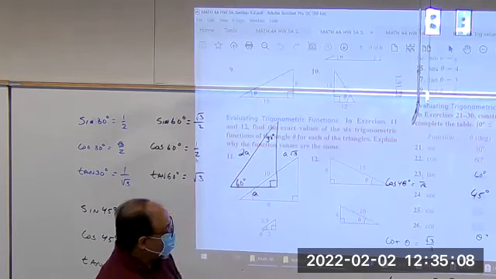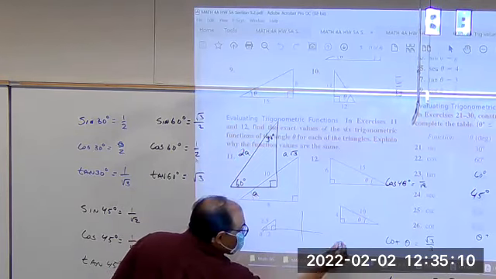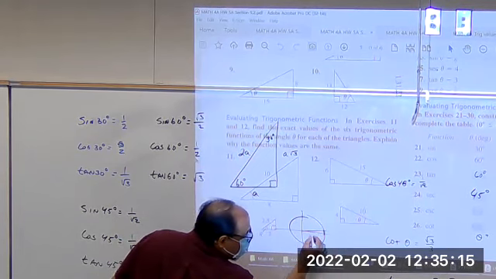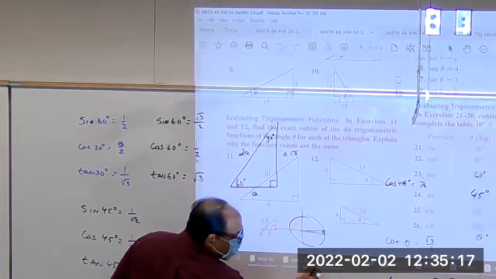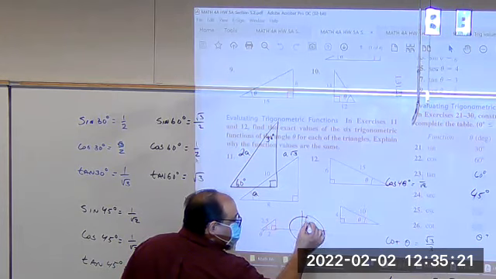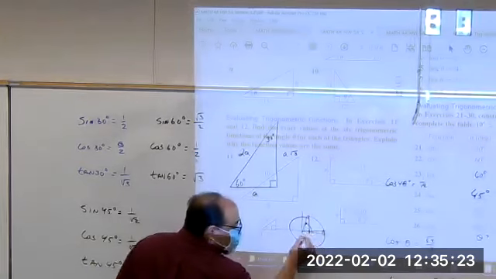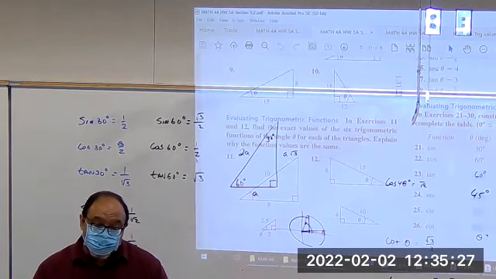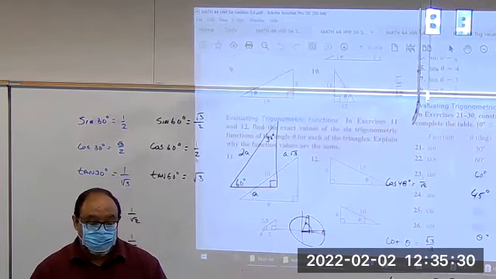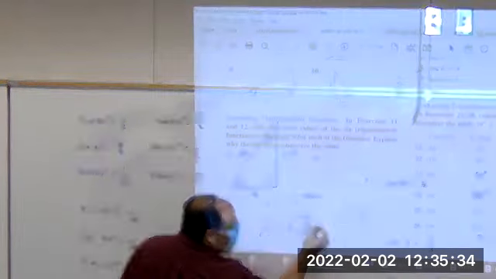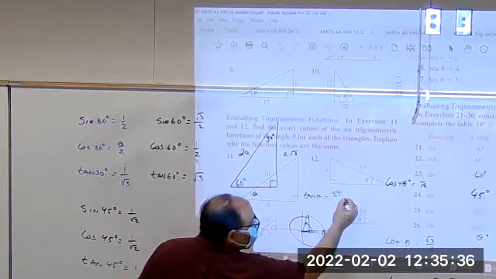Now, as you go around the circle, the x right here is longer than the y. But as you open up a larger angle, the y is a longer side, the x is really short. So when you make the ratio for tangent, tangent of theta is the opposite over the adjacent.